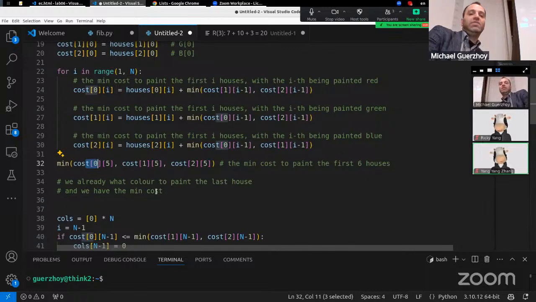So given that, we can actually work backwards and say, okay, what color should we paint house number 5, right? So how do we do that?